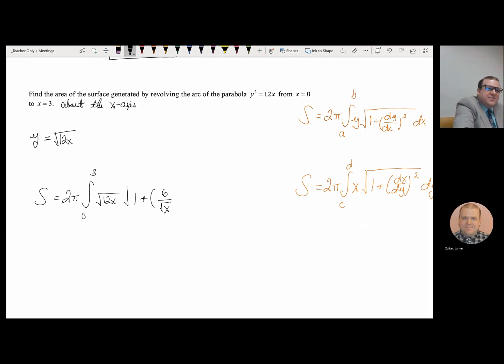How did you get that? But is it 12? It'd be root 12 over 2 root x, which I'm going to write as 6 over the square root of 12x.